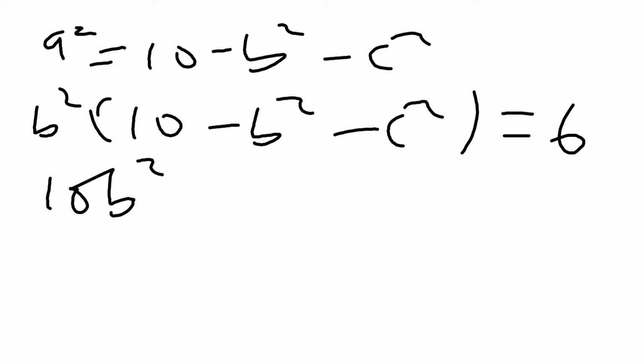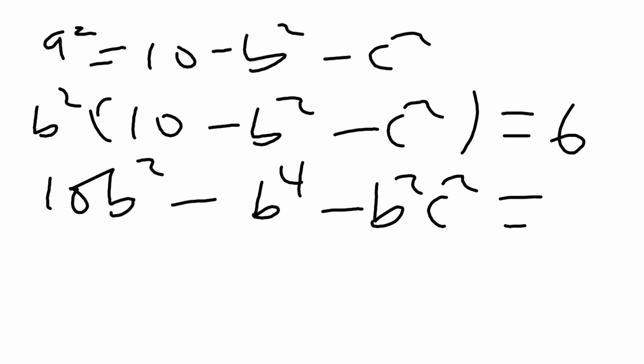If we substitute for a squared in 2i, I now have b squared times (10 minus b squared minus c squared) is equal to 6. So this will mean that 10b squared minus b to power 4 minus b squared c squared is 6.